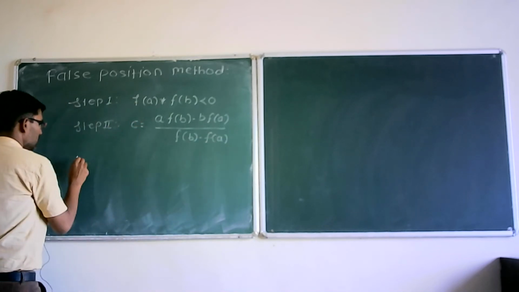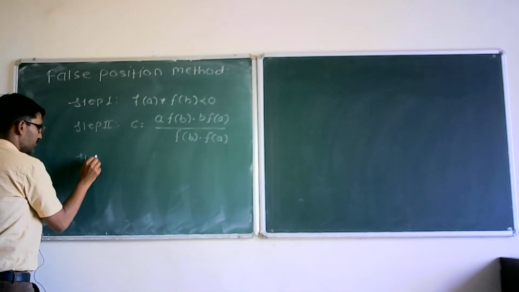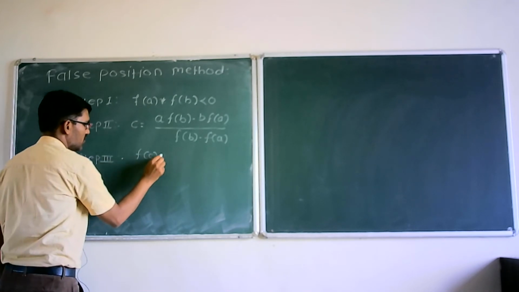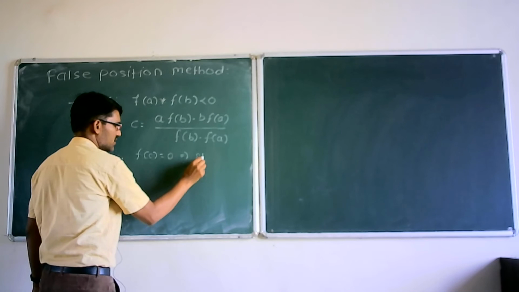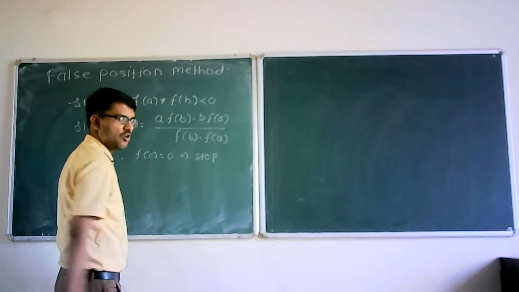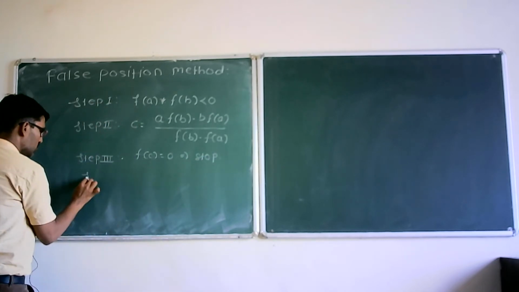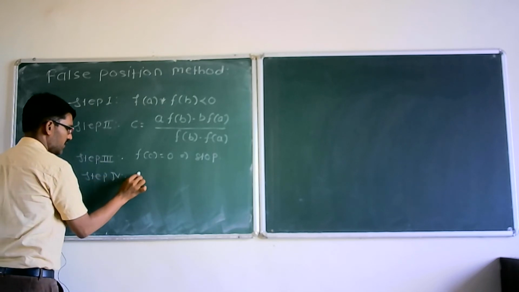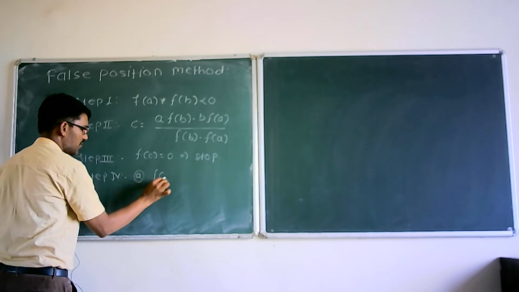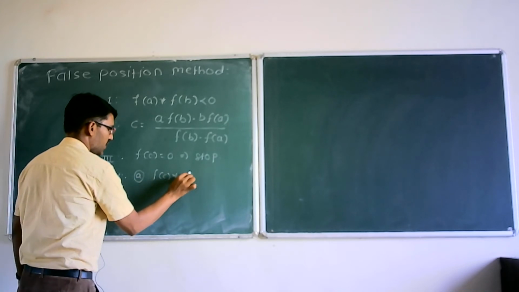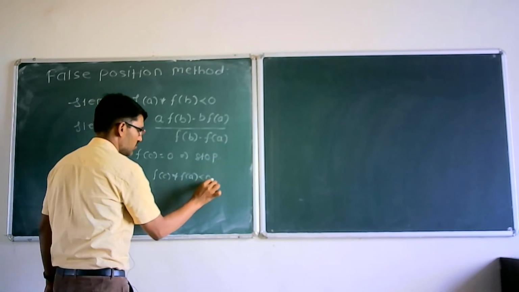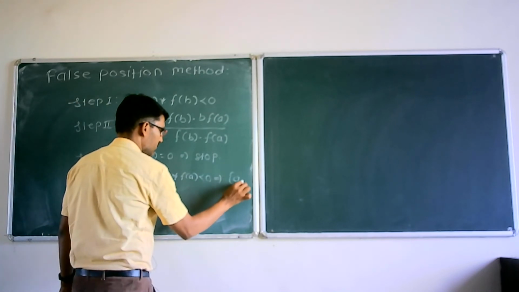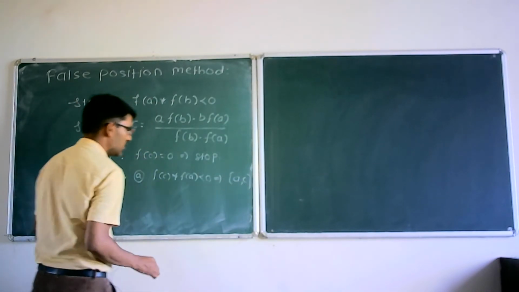In step 3, if your f of c is equal to 0, then stop this process. If it is not equal to 0, then there are two parts. If f of c times f of a is less than 0, then your root lies in the interval ac, that is b is equal to c.